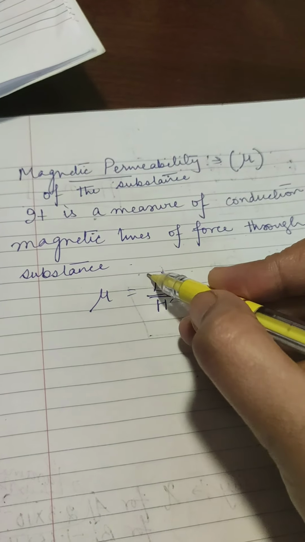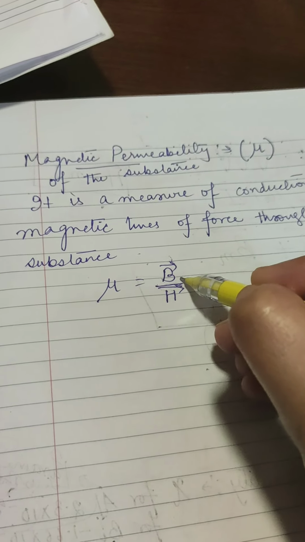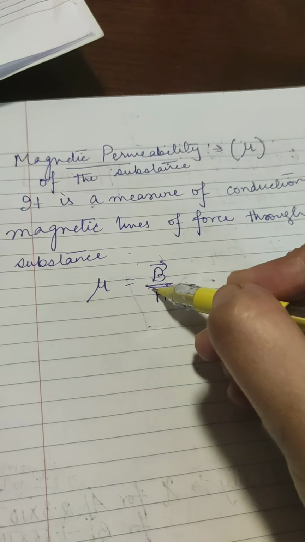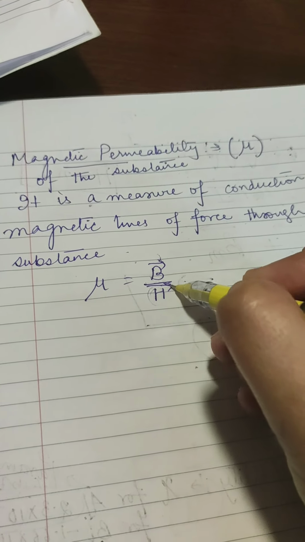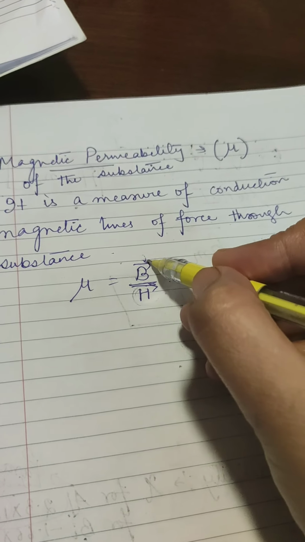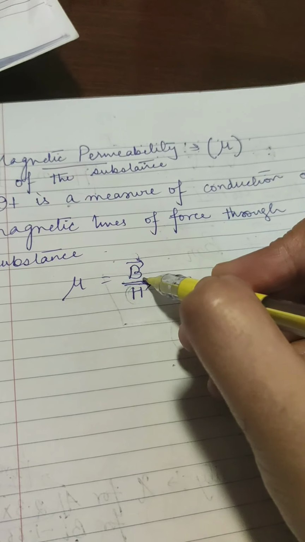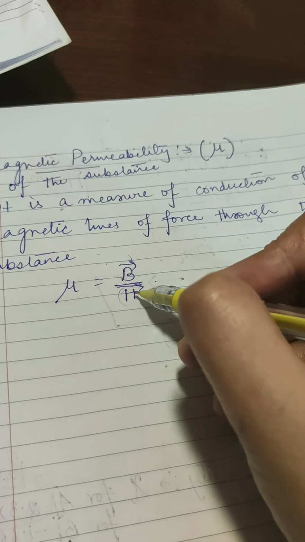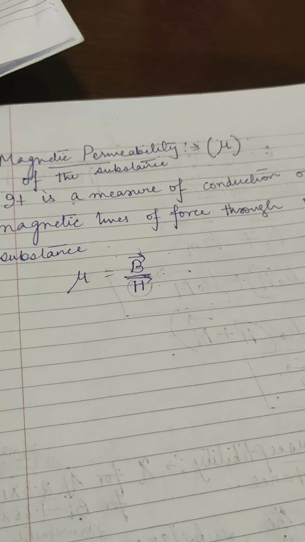It actually means the magnetic induction, that is, the magnetic lines of force per unit area inside the substance, when a magnetizing field of unit magnetic intensity is applied.